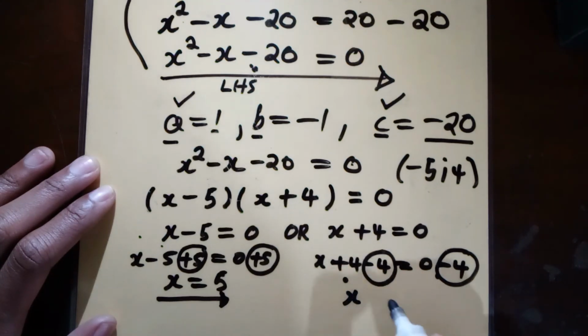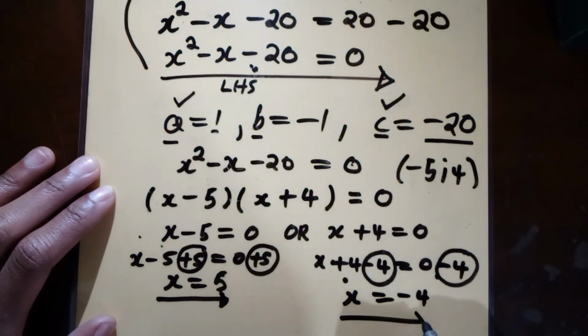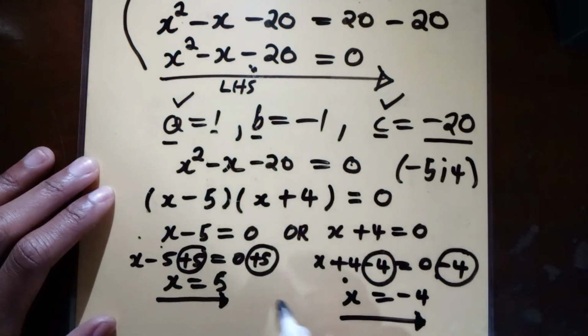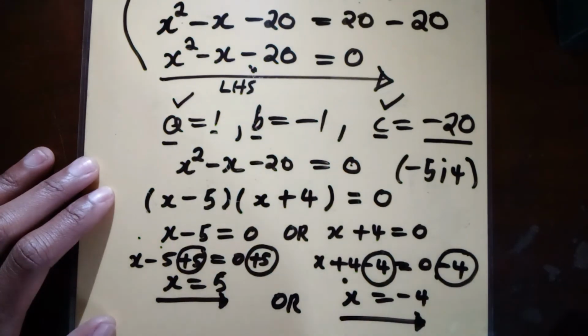So we are left with x, and then 0 minus 4 is going to be minus 4. So now we have found our two values. Remember, we did say that a quadratic equation has at most two solutions. So this is our first solution, which is positive 5, and the second solution, which is negative 4.